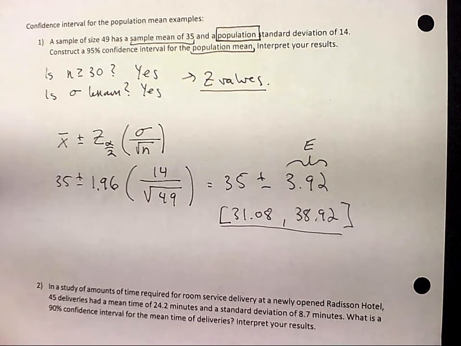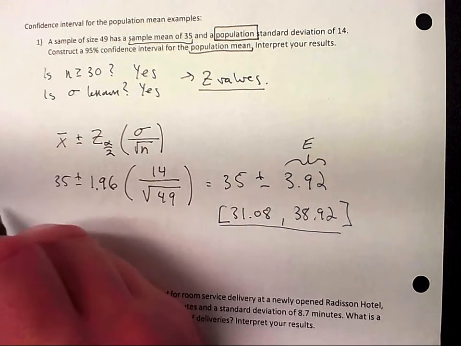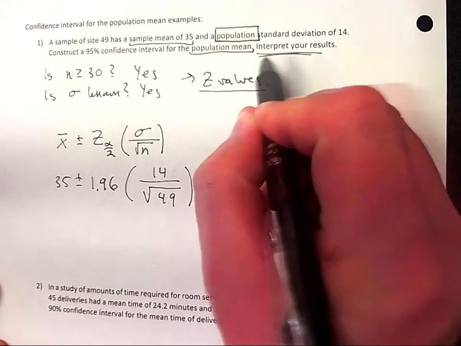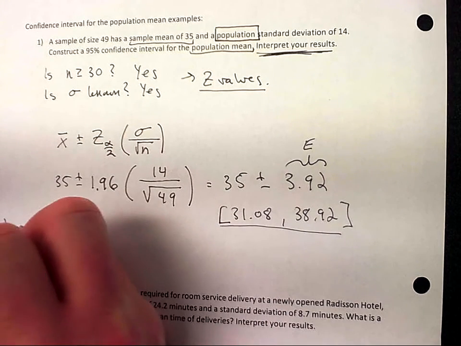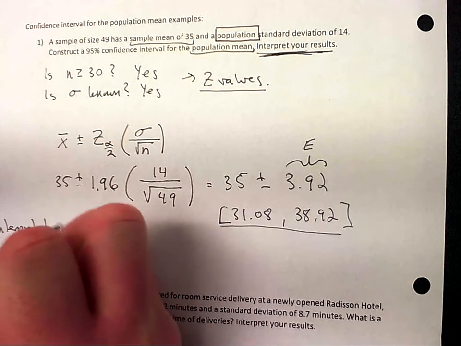All right. So here's our interval. Everybody good with how to get this interval? Then the only thing we still need to do is provide an interpretation. And our interpretation is this.